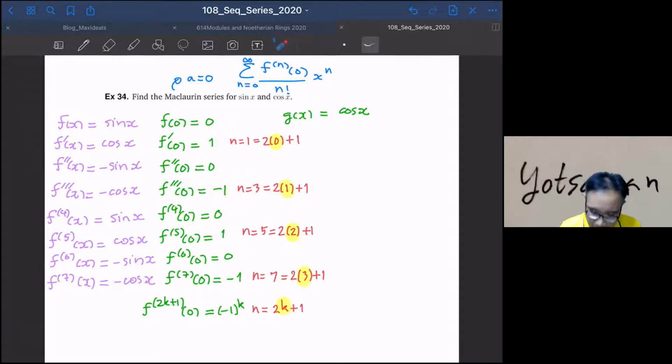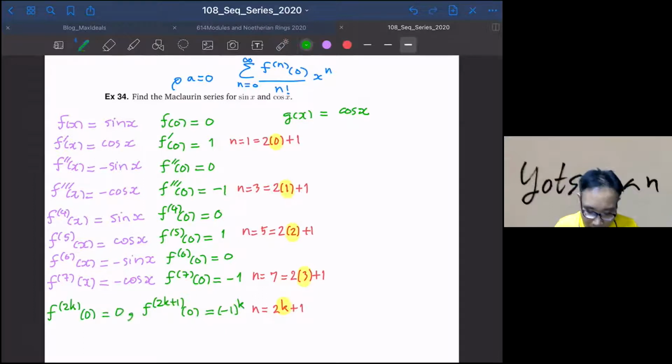So you have f^(2k+1) at 0 turning out to be negative 1 to the k, and for the even term, f^(2k) at 0 turns out to be equal to 0.